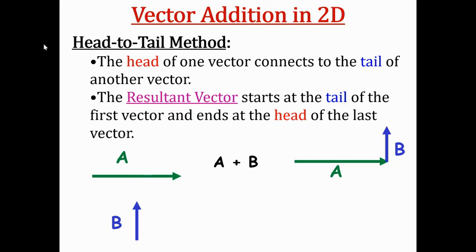This is what we call the head-to-tail method. So the head of vector A is drawn connected to the tail of vector B.